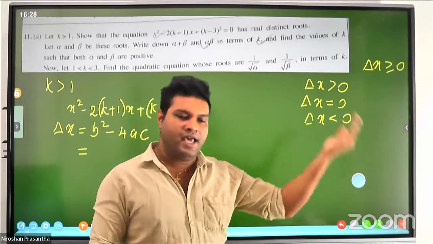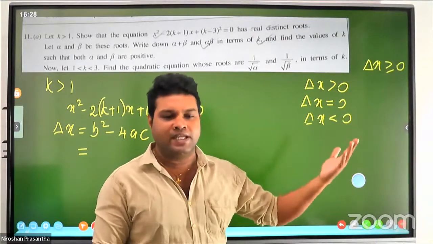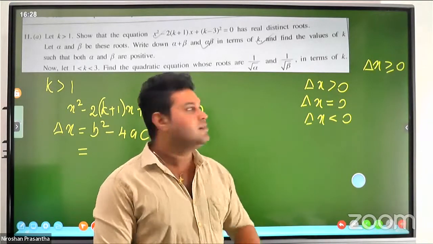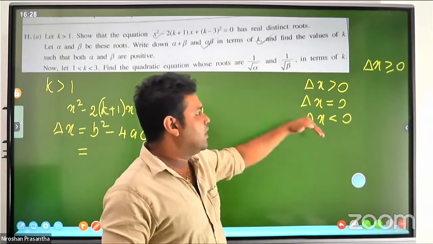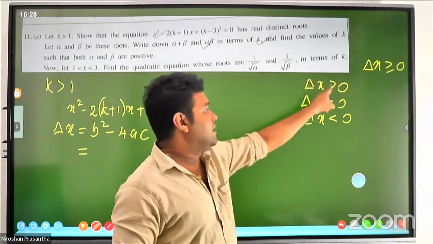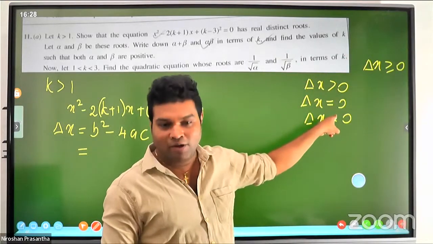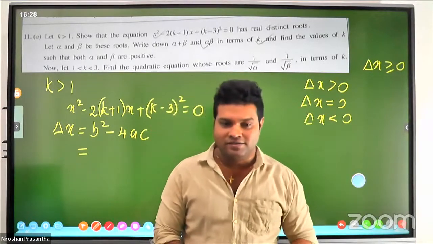That is an additional case; exam papers don't mainly ask that. These are the main three parts you want to answer: real and distinct, coincident, and not real.